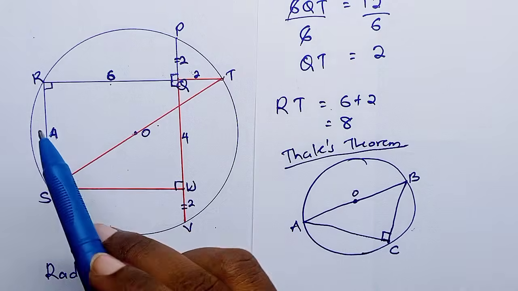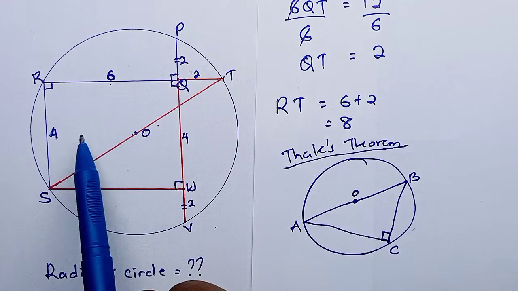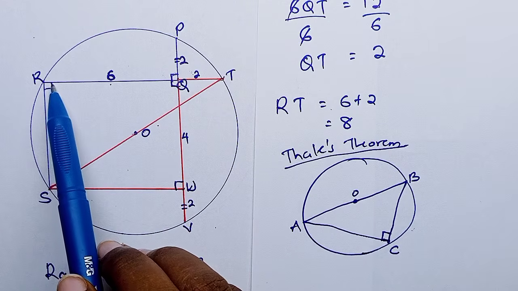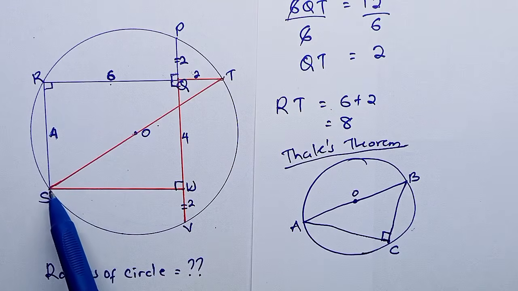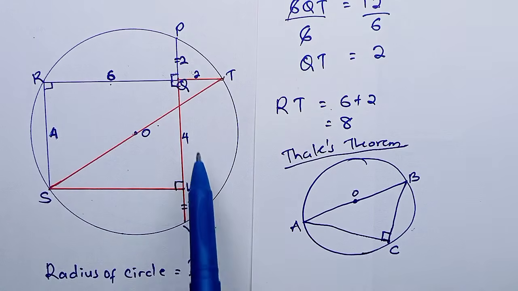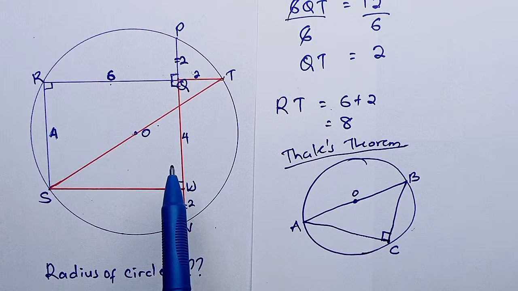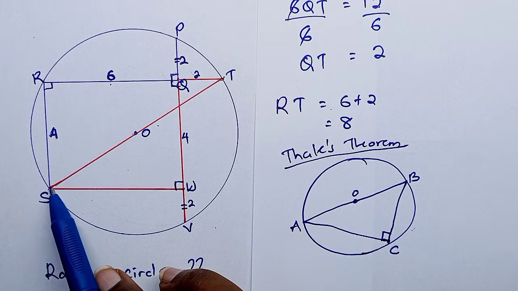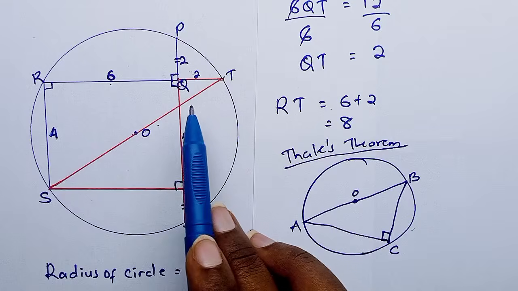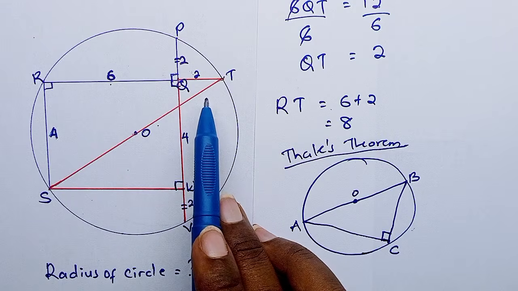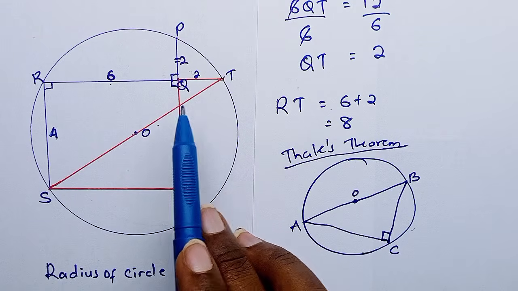Now, since in our diagram we already had this as 90 degrees, it implies that the line ST automatically becomes the diameter of this circle. So this line passes through the center of the circle. So it's the diameter of this circle.